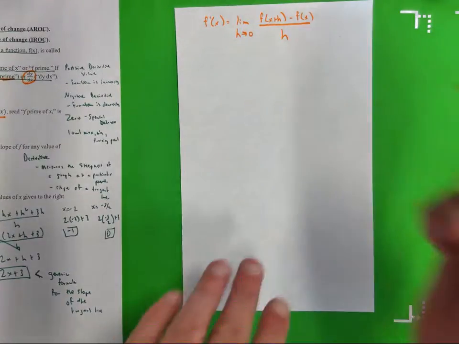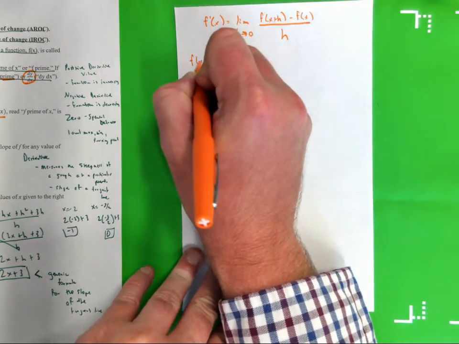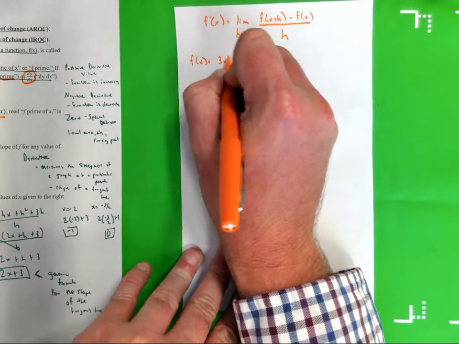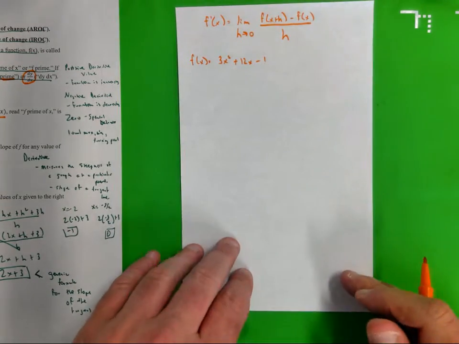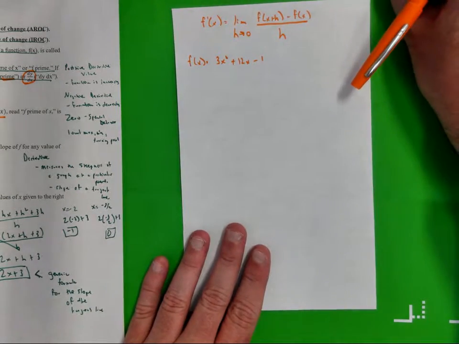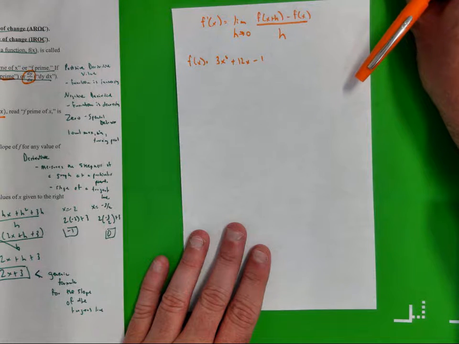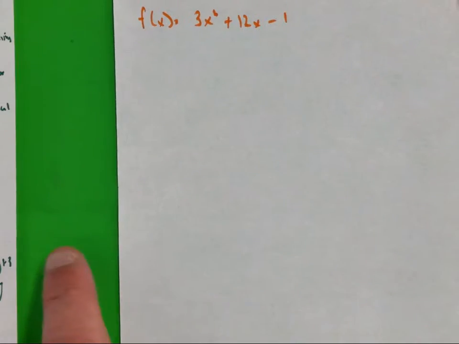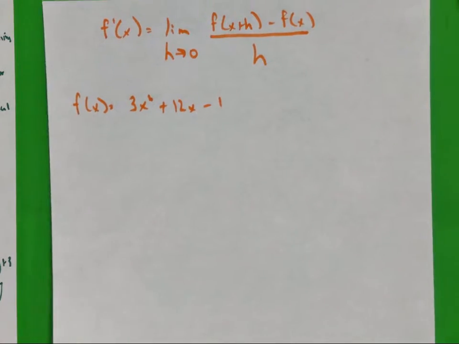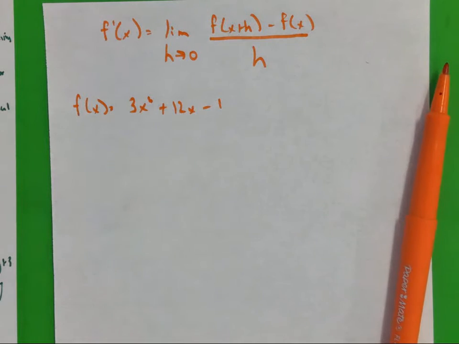So right here, we have the function 3x squared plus 12x minus 1. Now, if you want to, you can find this part first, and then this part, and then take the two and plug them into the formula.